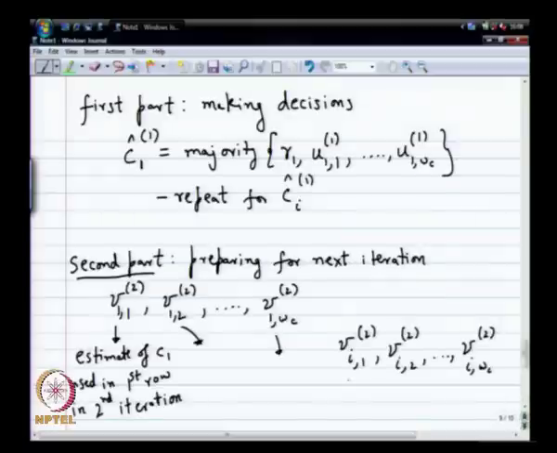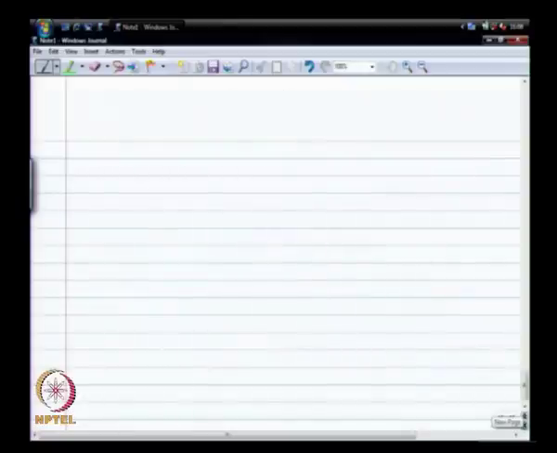So, how do you decide this? This is crucial. The way you decide Vi1, I will just describe how you decide Vi1.